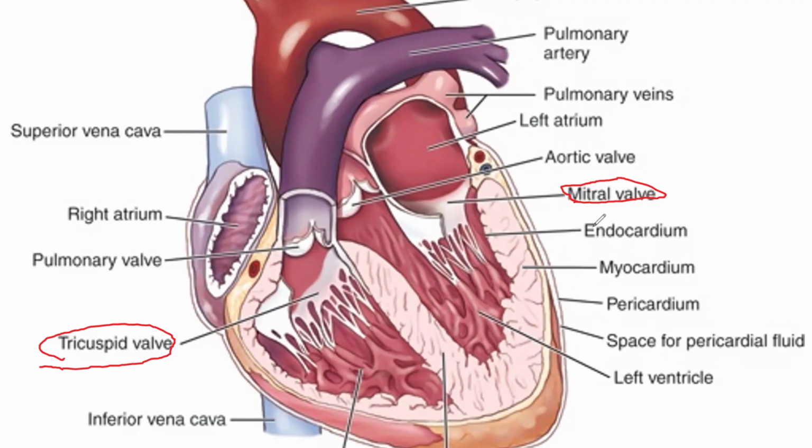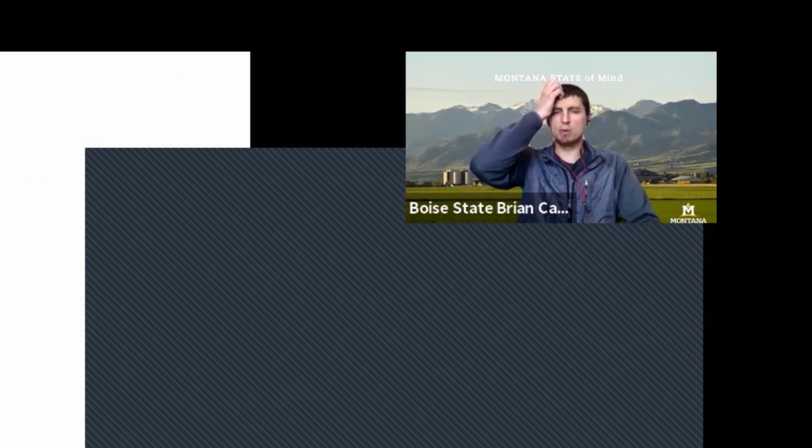I always remember that the mitral valve is on the left because the last letter in mitral is L. I think of mitral with a capital L at the end, because that reminds me that it's on the left side. So if I ever get confused between the mitral valve and the tricuspid valve, I can just say, well, mitral, left, right, tricuspid. And this is how I remember things.